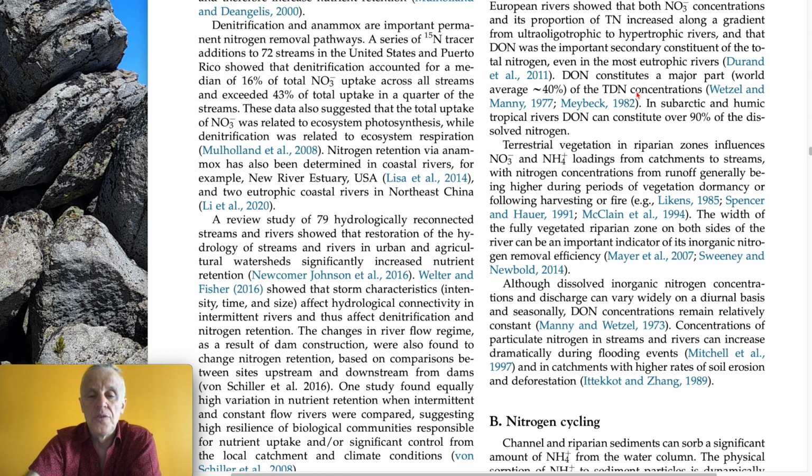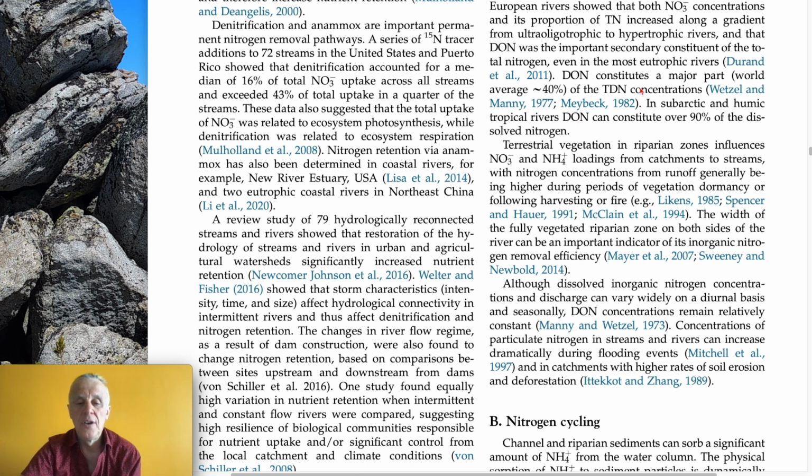These data also suggested that the total uptake of nitrate was related to ecosystem photosynthesis, while denitrification was related to ecosystem respiration. Nitrogen retention via anammox has also been determined in coastal waters, for example, the New River estuary and two eutrophic coastal rivers in northeast China.